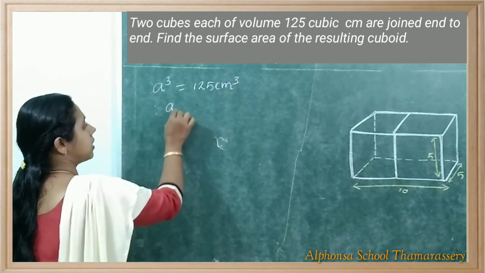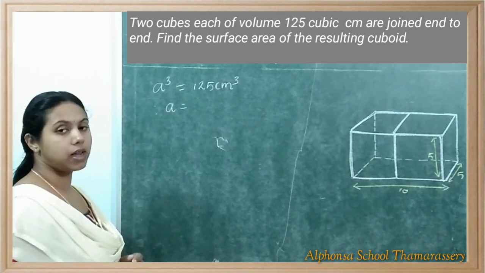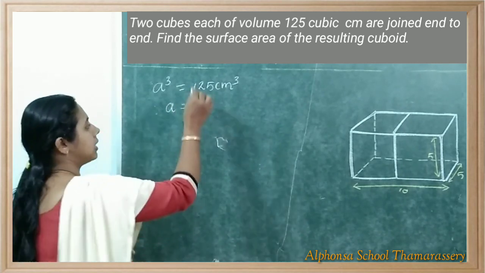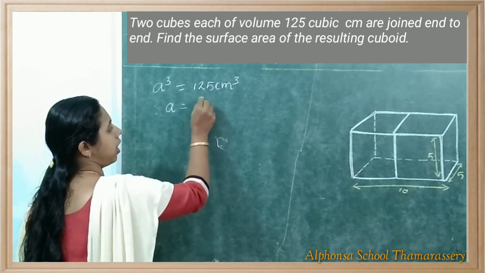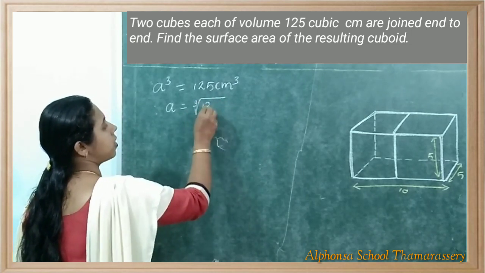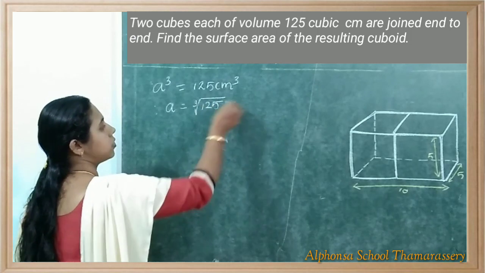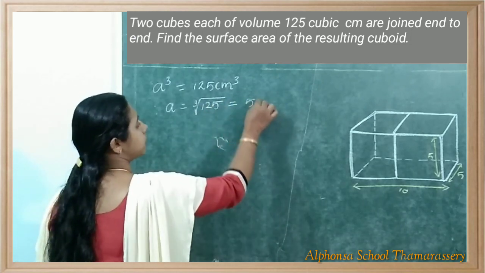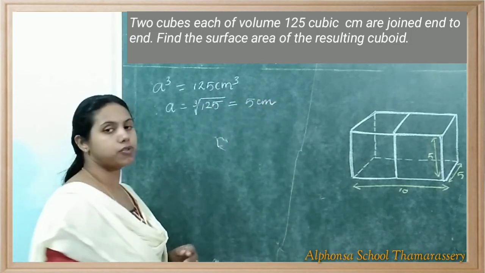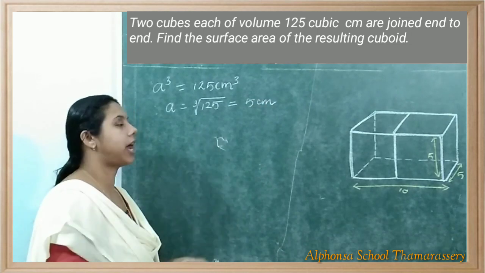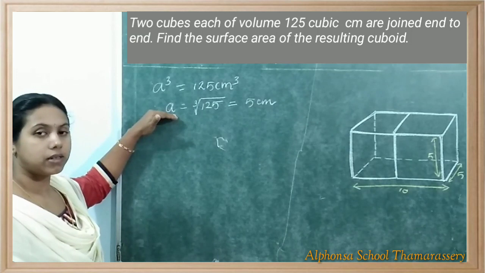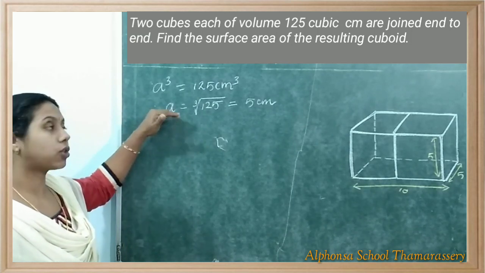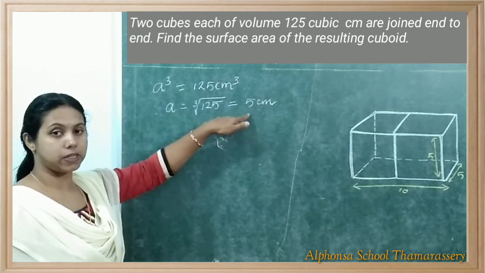Therefore, a, the length of the edge of each cube, is equal to the cube root of 125. Cube root of 125 is equal to 5 centimeters, because 5 into 5 into 5 is 125. So the length of the edge of each cube is 5 centimeters.